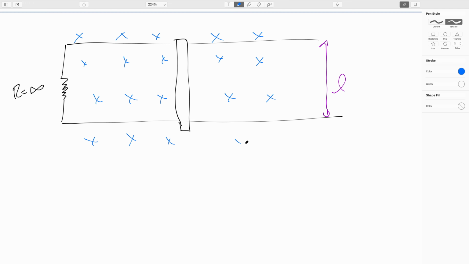There we go. And we're going to need one more dimension here, since in order to do Faraday's law, we're going to need an area. So let's dimension this distance right here as x.